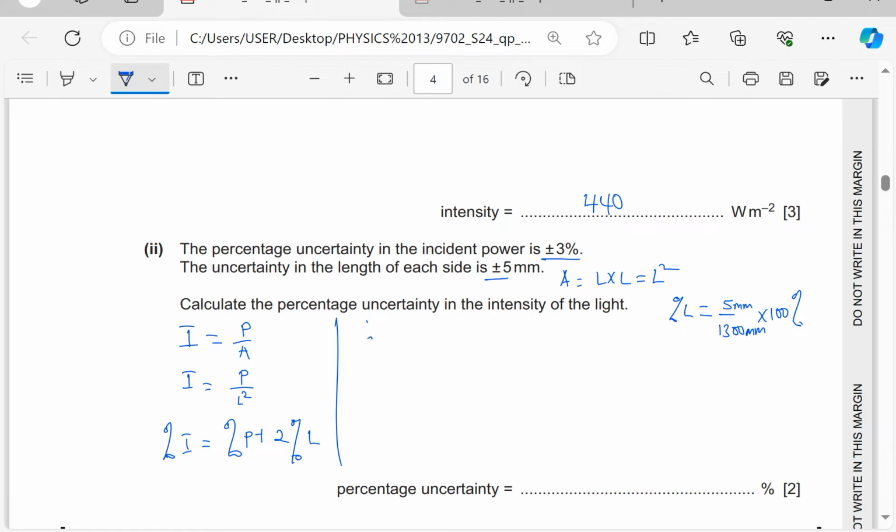So percentage in I equals percentage in P, which is 3%, plus 2 times percentage in L, which is 5 over 1,300 times 100%.